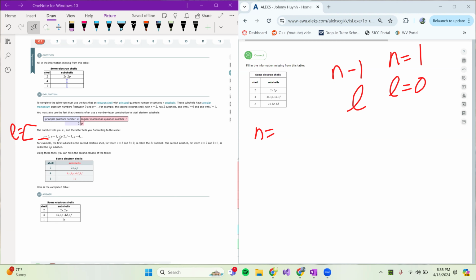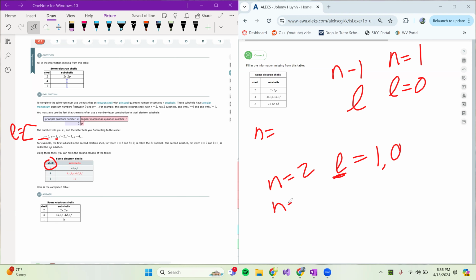When L is equal to 1, you'll have a P subshell, and so forth. Given this shell being 2, n equals 2, which means L is equal to 1, and the angular momentum quantum number will be 0 and 1.